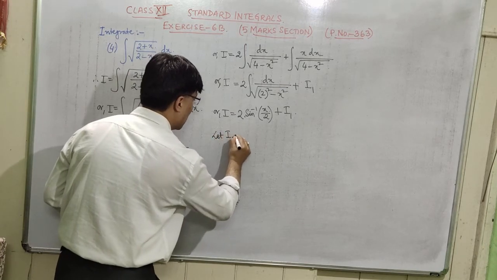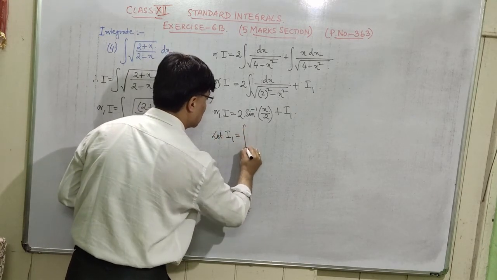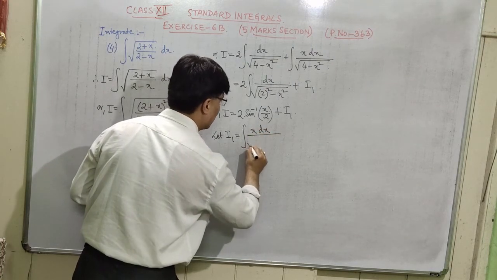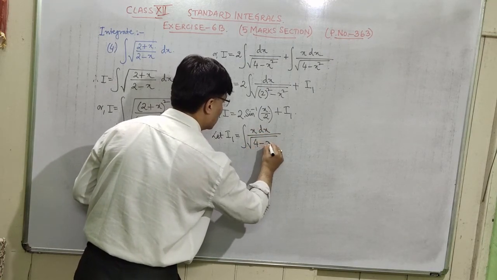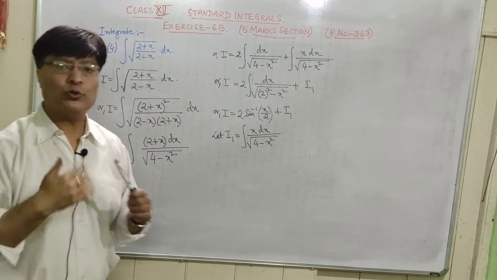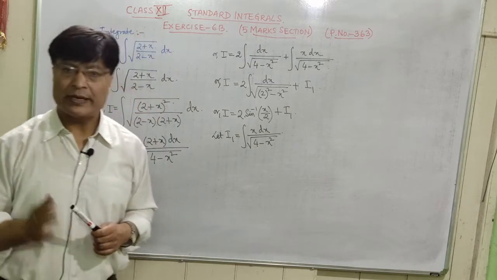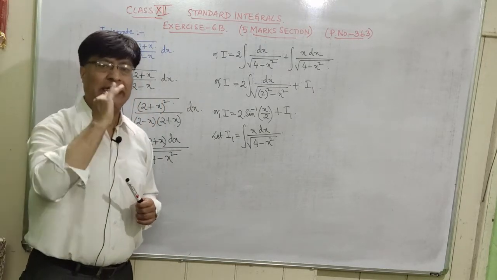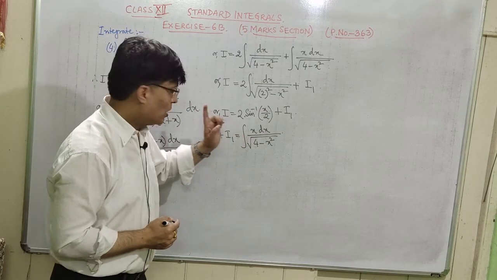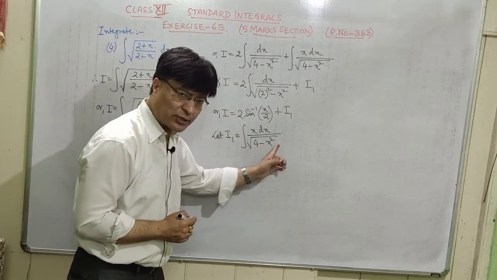Let I1 is equal to integration of x dx divided by root over 4 minus x square. In this case we can do the method of substitution, as we have done in the chapter integration by the method of substitution, because within the square root there is 4 minus x square.